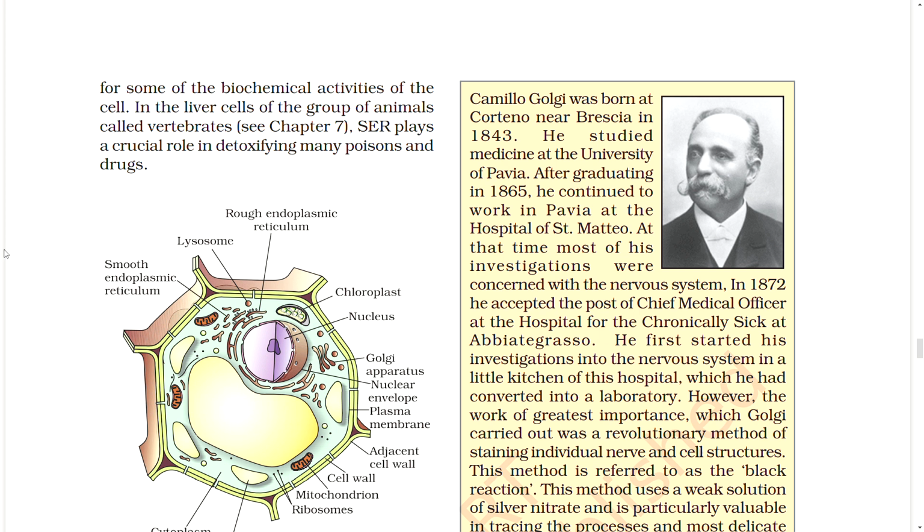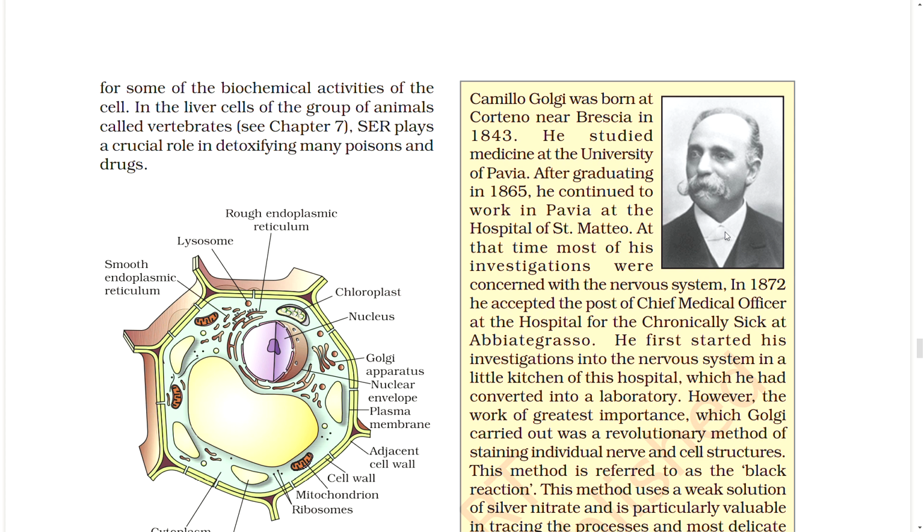Camillo Golgi was born at Corteno near Brescia in 1843. He studied medicine at the University of Pavia. After graduating in 1865, he continued to work in Pavia at the Hospital of St. Matteo. At that time, most of his investigations were concerned with the nervous system.